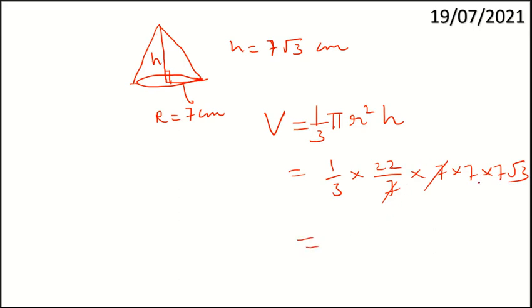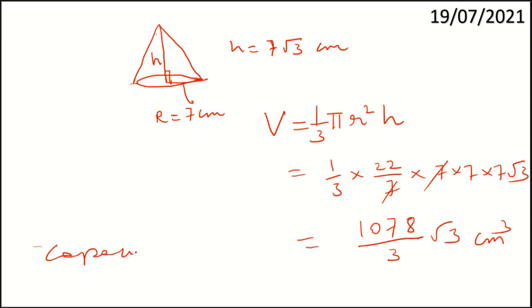22 into 7 into 7 is 1078 upon 3 root 3 centimeter cube is the capacity. If you leave it there, that is enough, as the capacity of the conical cup.